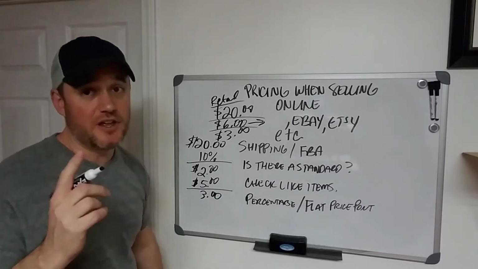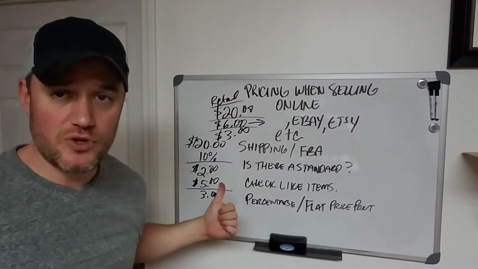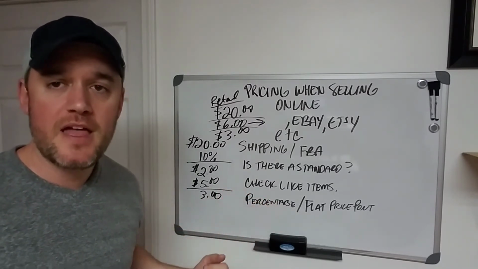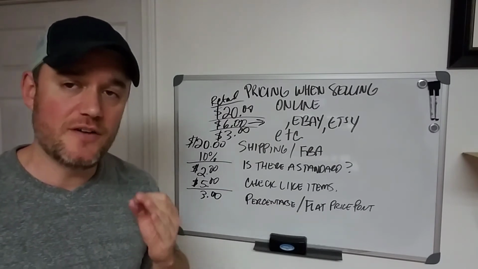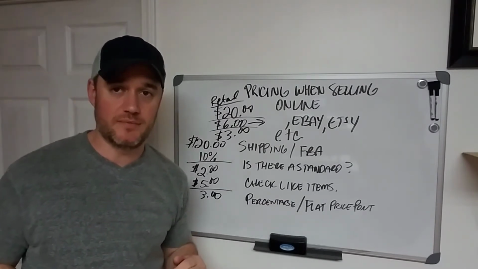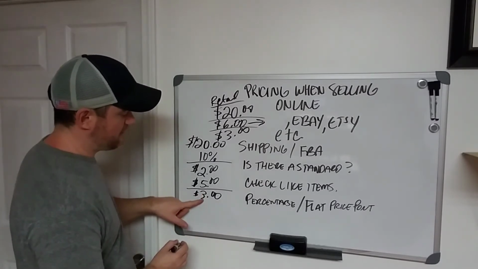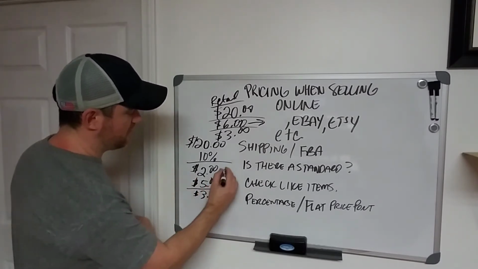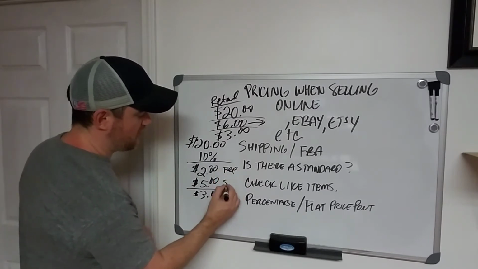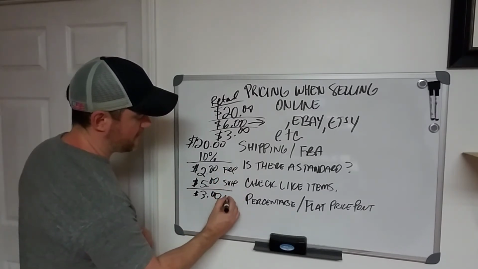So now you've got to take off another $3. So now 2, 5, and 3 is 10, okay? So now 50% of your retail price point is gone already, okay? So it costs you $3 to make it, right? $2 in a fee, and then you have to ship it, okay?